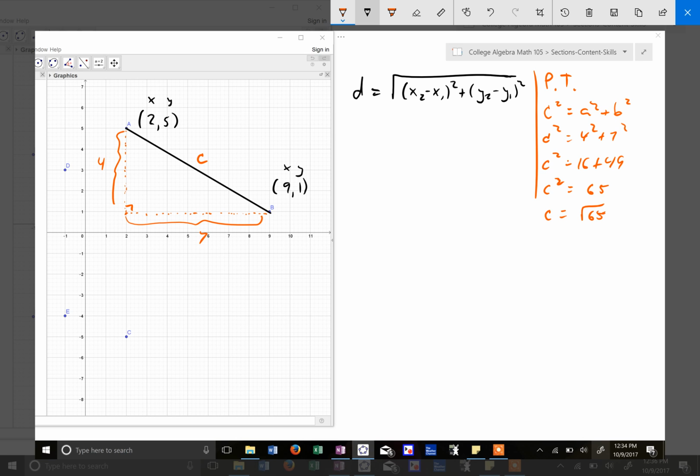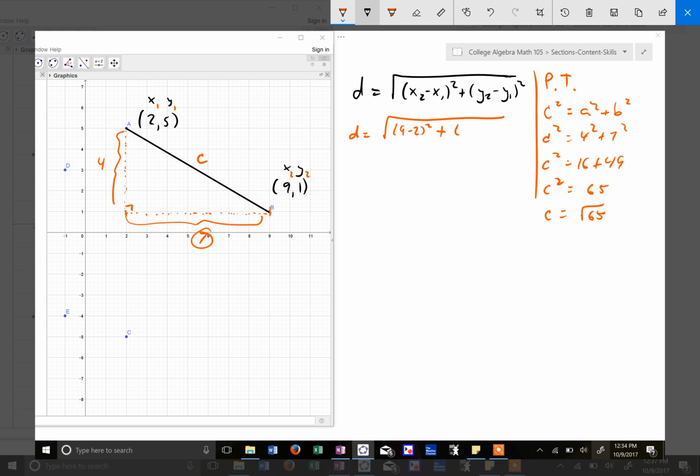Now, the reason why I bring this up is because if this is my x1, and this is my y1, and this is my x2, and this is my y2, take a look at what the distance formula actually says. It says x2, which is 9, minus x1, which is 2, quantity squared. Well, when we do that, we're going to get 7.